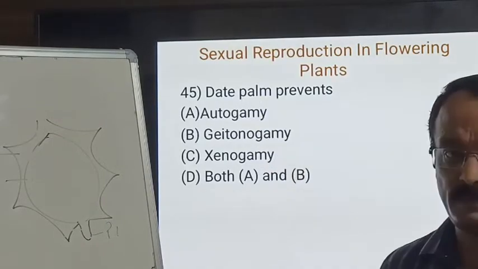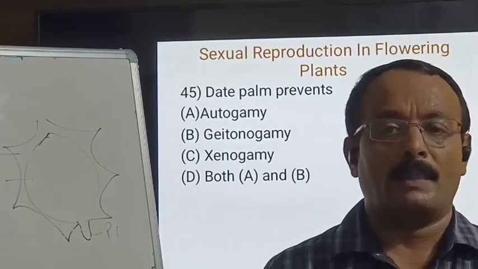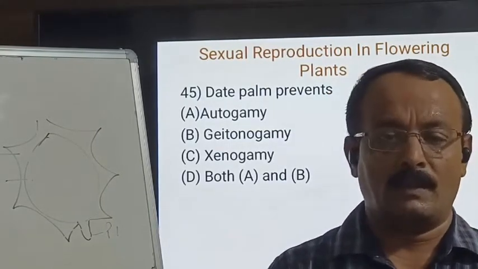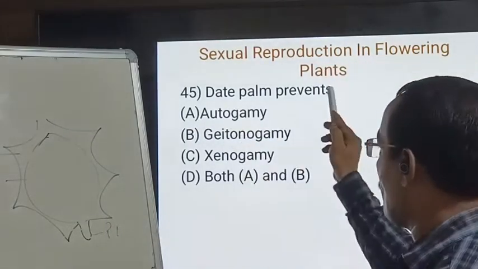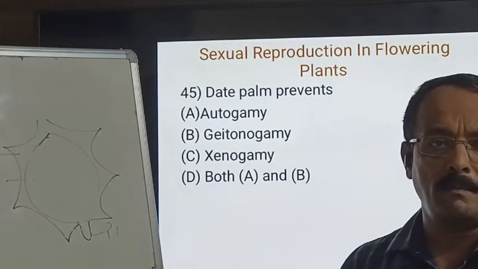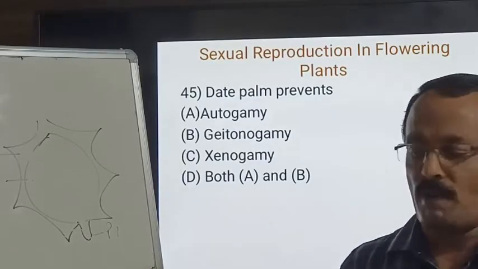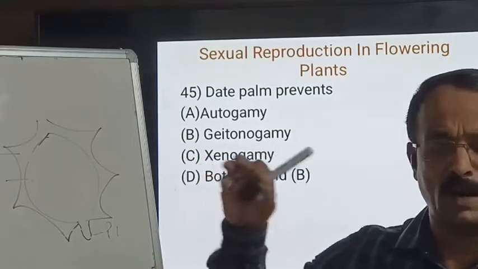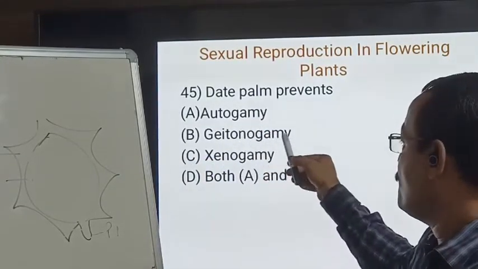So search the option. Date palm prevents. See, both in date palm and papaya, the male plant bearing male flowers is a different one, and the female plant bearing female flowers is a different one. So in date palm, there is no chance of autogamy because the male plant is different and produces only pollen grains. The female plant is different and produces ovules which contain the female gametophyte called the embryo sac. So it prevents autogamy and even geitonogamy.